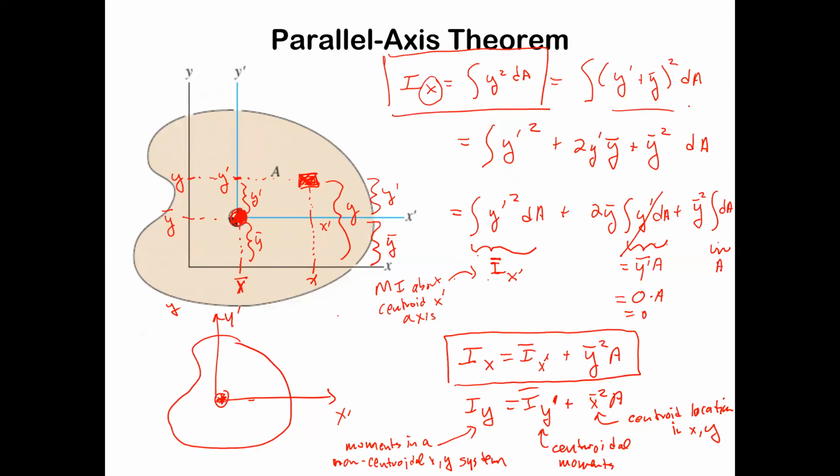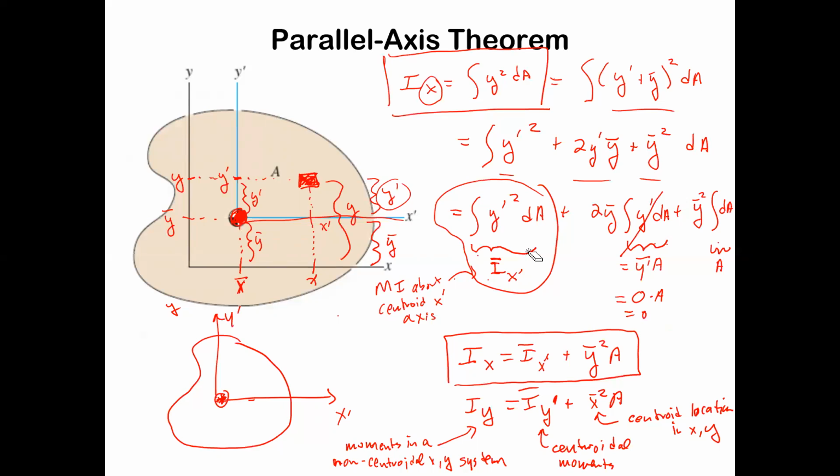If you break it up that way, you square that term into these three terms. This first term is the moment of inertia, because you're doing the integral of all the y prime squares, you're finding essentially the moment of inertia about the x prime axis. That's I bar x prime.